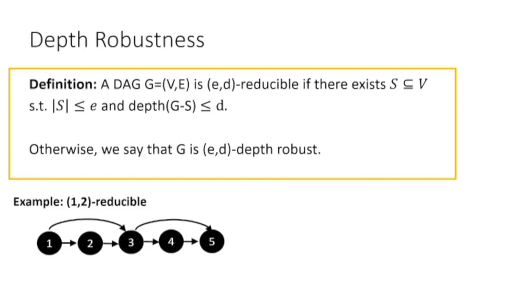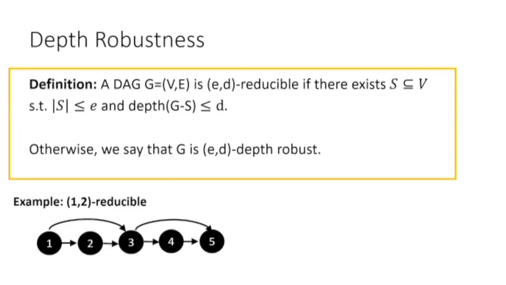So you have a directed acyclic graph, and we'll say that it's (e,d)-reducible if you can find a subset of e nodes such that deleting these nodes from the graph reduces the length of the longest path to be at most d. Now, that's a mouthful, but let me show you a quick example of a (1,2)-reducible graph.